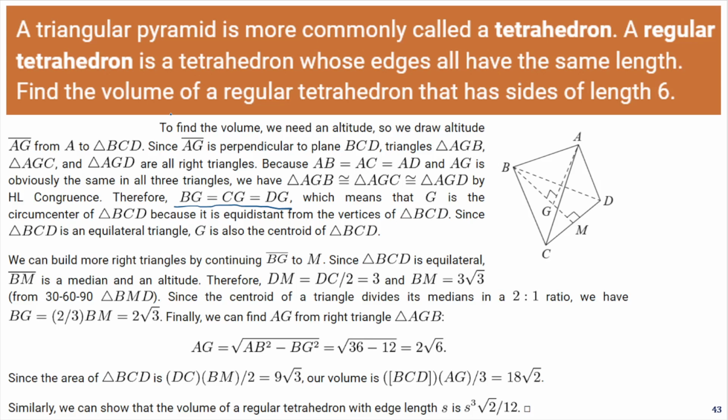Since the area of triangle BCD is DC times BM over 2, which equals 9 square root 3, our volume is the area of triangle BCD times AG over 3, which equals 18 times square root 2. Similarly, we can show that the volume of a regular tetrahedron with edge length s is s cubed square root 2 over 12.